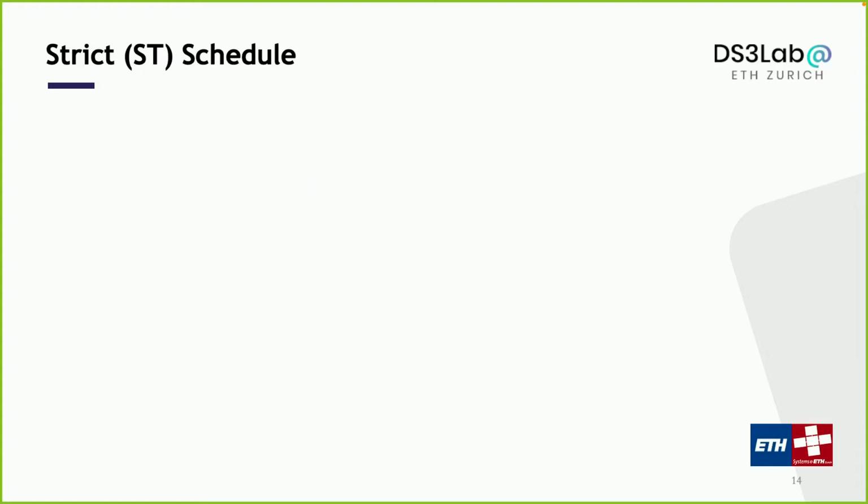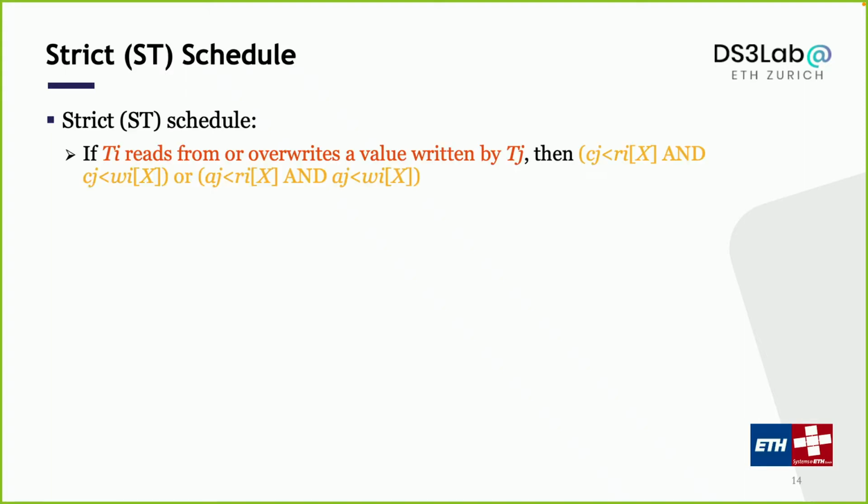Now, there's another class called strict schedule. The definition will be long, but if you unpack it, it's actually not that hard. Essentially, it says that if Ti reads from or overwrites a value written by Tj, then the following must hold if you want the schedule to be strict: either Tj commits before Ti accesses it, or Tj aborts before Ti accesses it.